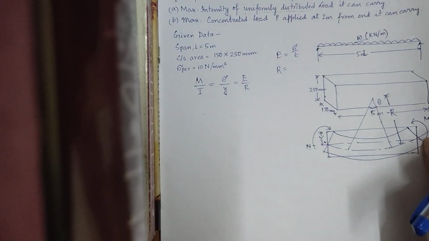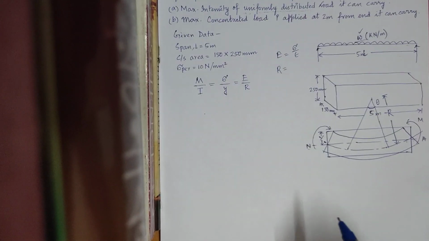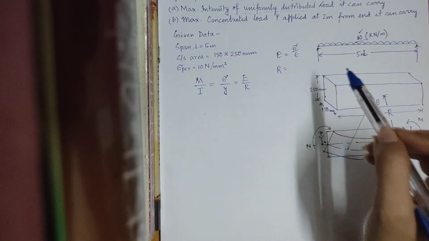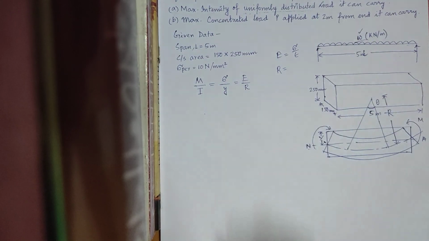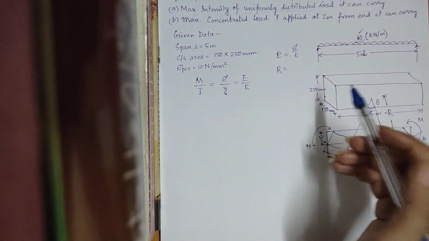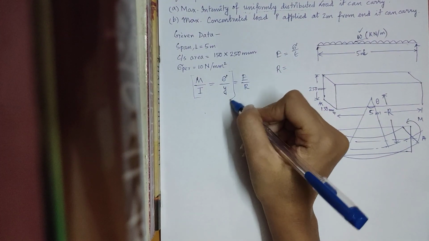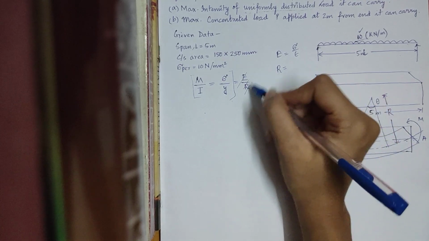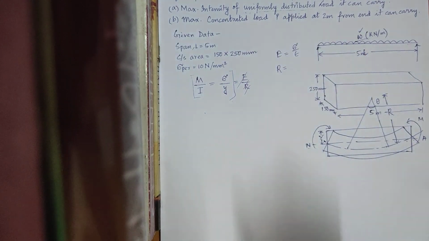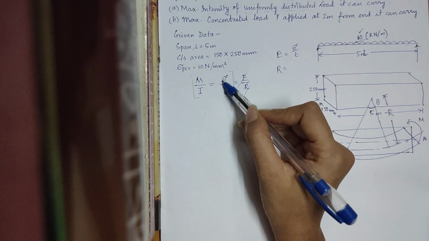Okay, so in order to find the magnitude of W, we first have to calculate the maximum bending moment due to this loading. So how are we going to calculate the maximum bending moment? From this expression. Now we can ignore this other expression because these values are not provided in the problem. What do we have? We have this value sigma.